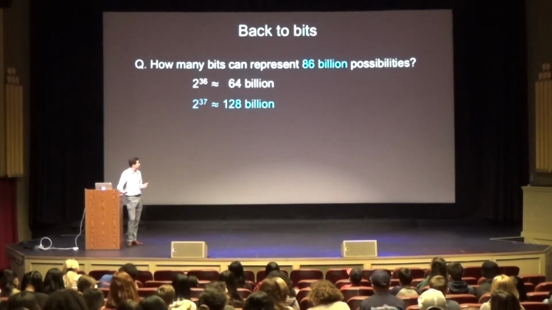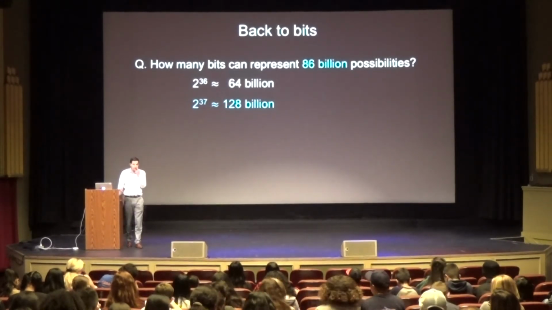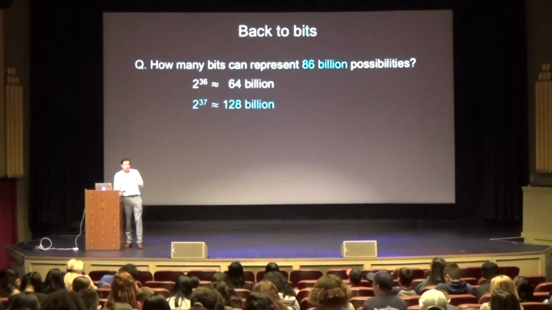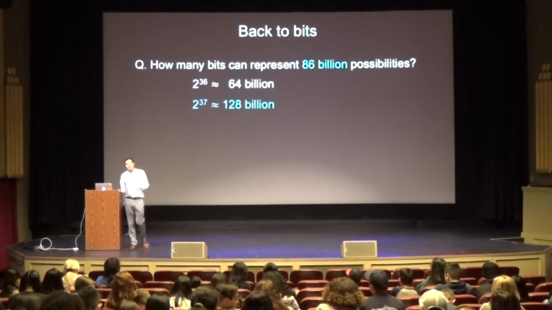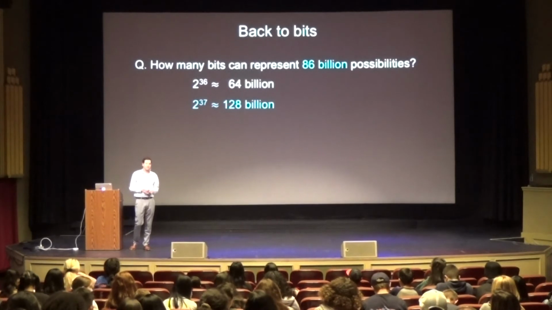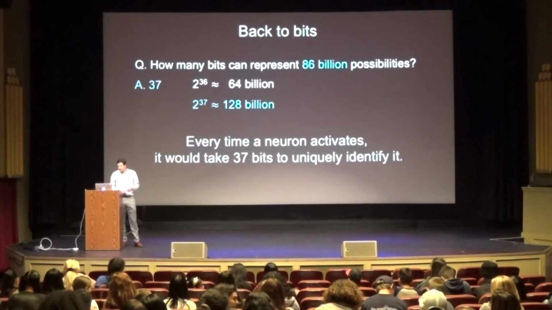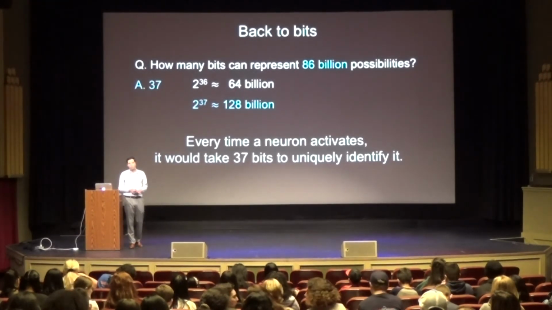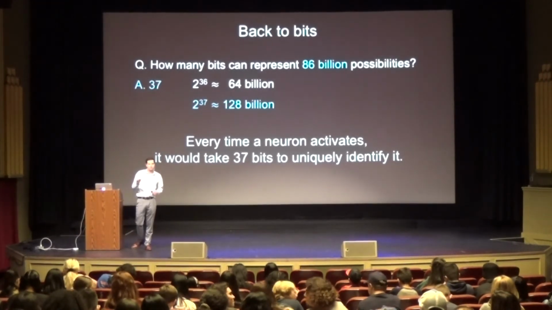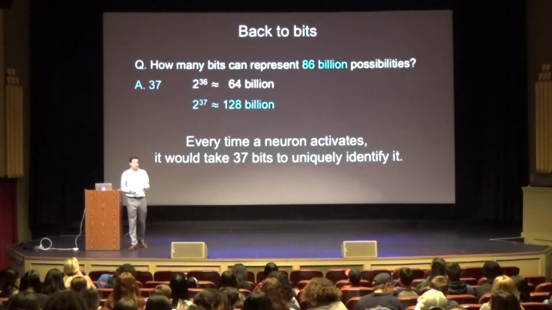With 37 bits, you double the 64 billion to get 128 billion. That's more than 86 billion, but that's fine. We'll have some labels left over, but at least each of the 86 billion neurons in our brain gets a unique label. So every time a neuron activates, we're going to specify which neuron activated with a string of 37 bits.